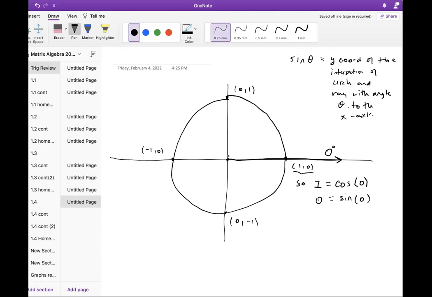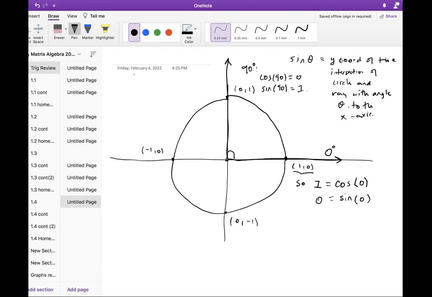So now let's take the ray with angle 90 degrees, or pi over 2. Because we know what the point is, cosine of 90 is equal to the x value, which is 0. And sine of 90 is equal to the y value, which is 1.